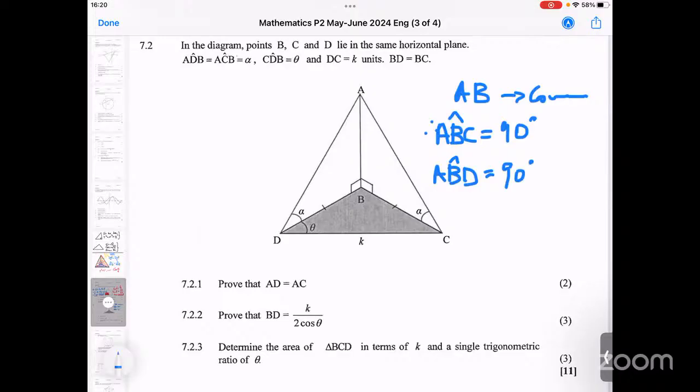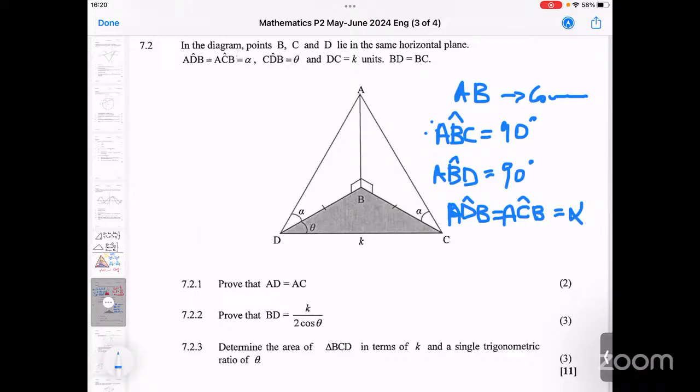that angle D in triangle ADB, it's equal to, yes, that angle C in triangle ACB, which is equal to alpha, isn't it?